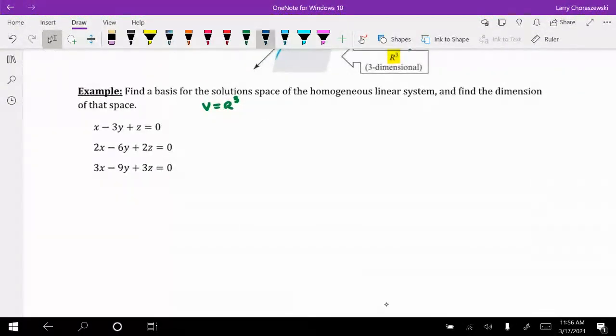So let's just go through some of the stuff we would normally do. I'm going to convert this into augmented matrix format. Top row 1, -3, 1, 0. Second row 2, -6, 2, and 0.